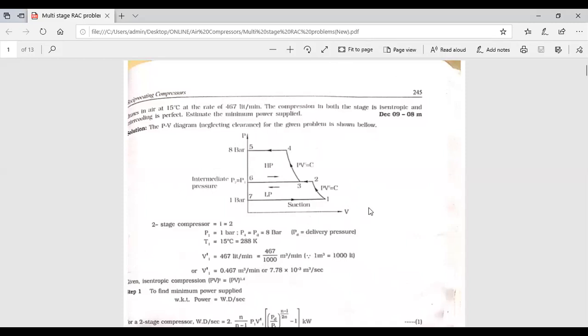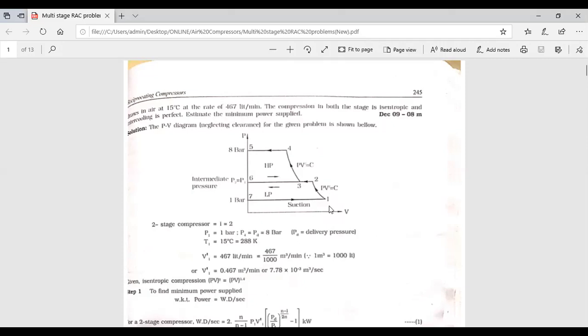First I'll dictate the problem. The air at 15 degrees Celsius enters into the compressor at 1 bar. So the air enters inside the LP compressor at 1 bar pressure and 15 degrees Celsius.